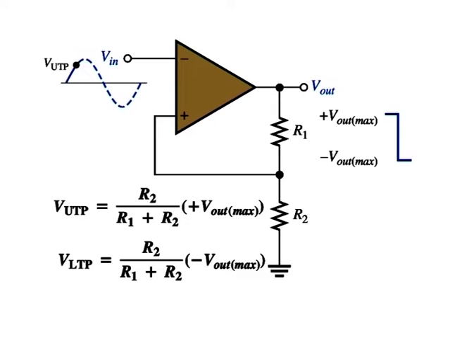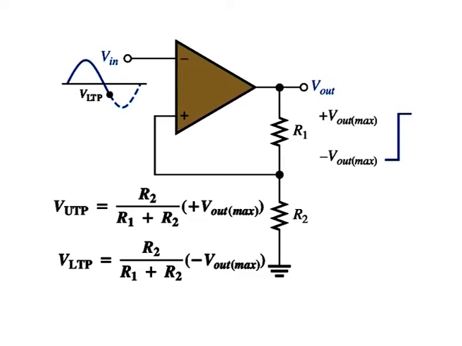The input voltage must now fall below V LTP as shown here before the device will switch from the maximum negative voltage back to the maximum positive voltage.